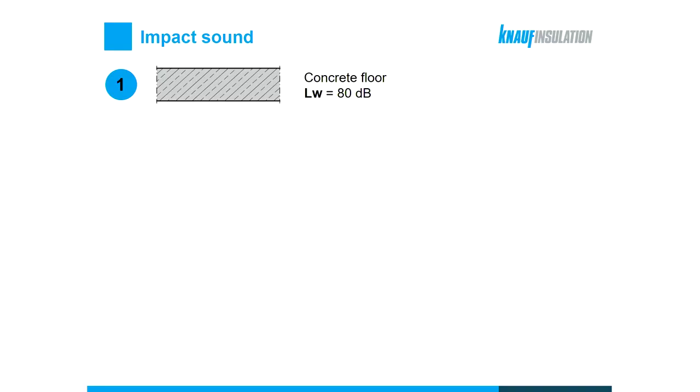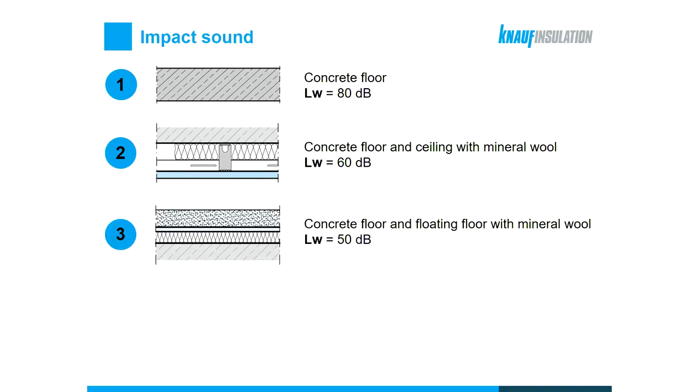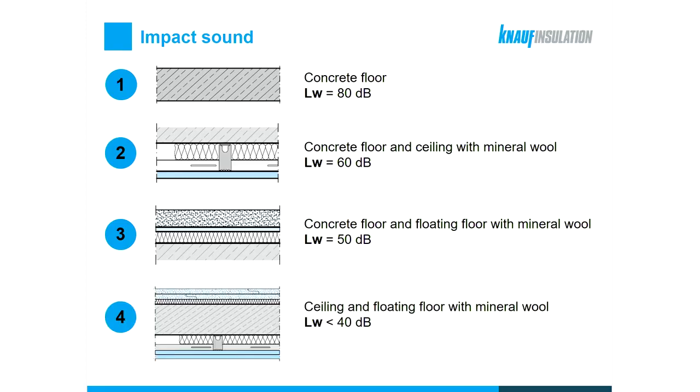So if we go to the next step, we upgrade and install the ceiling with mineral wool below this concrete floor, we can now expect an impact sound of around 60 decibels. In case we did such an upgrade on the upper side of the floor, so we structurally separate the concrete floor and the finished floor level with a mineral wool layer, we can expect an impact sound of around 50 decibels.